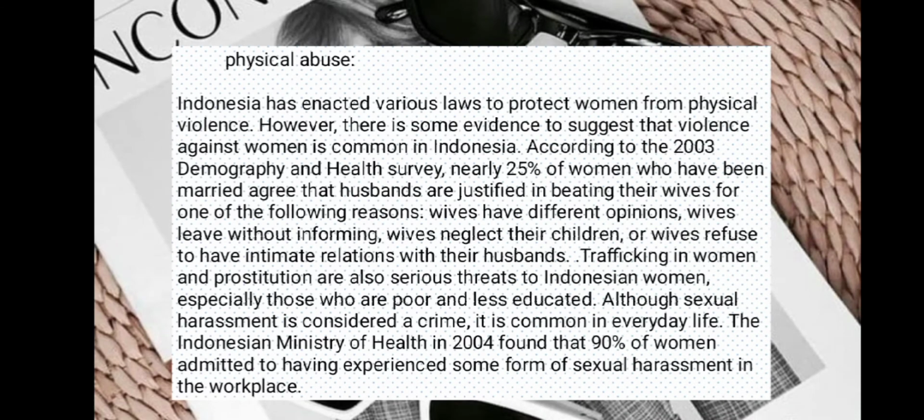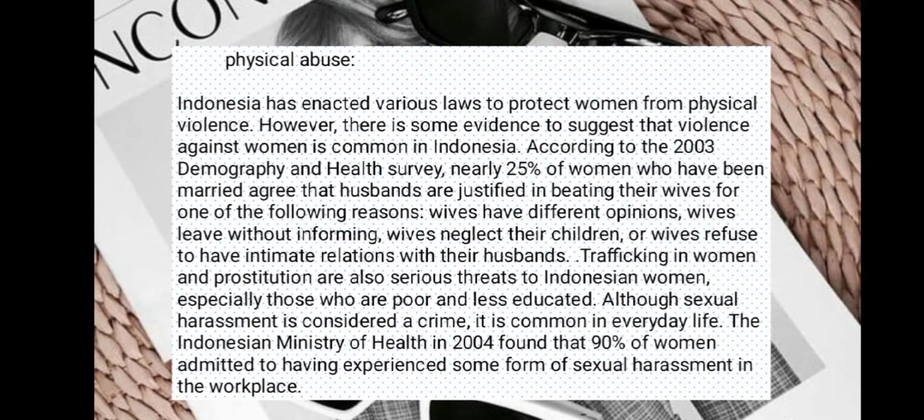Physical abuse. Indonesia has enacted various laws to protect women from physical violence. However, there is some evidence to suggest that violence against women is common in Indonesia.